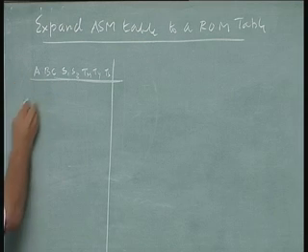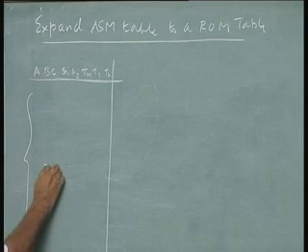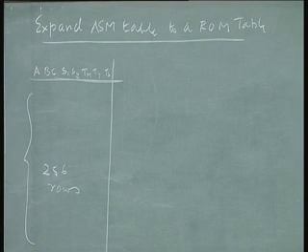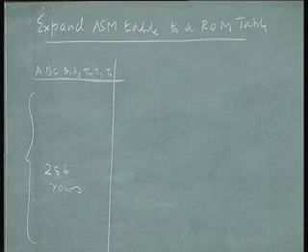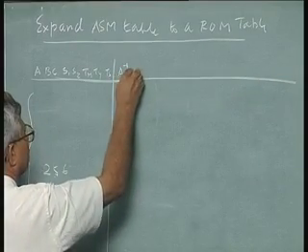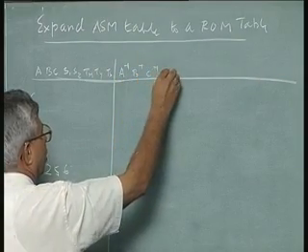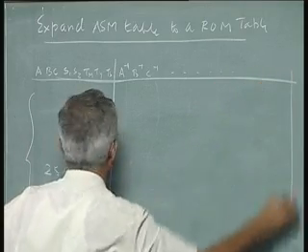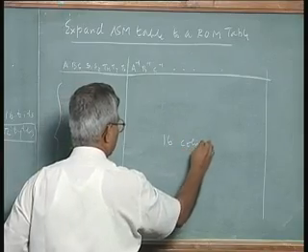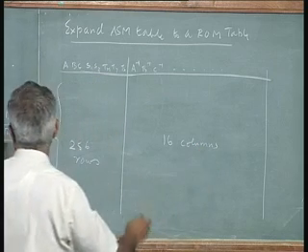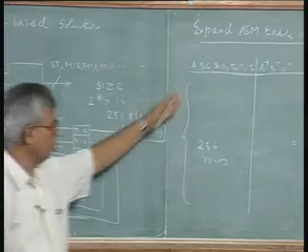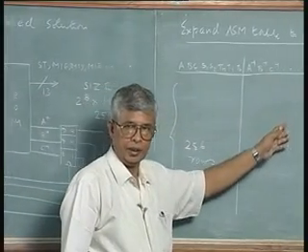That means 256 rows, and all these 16 columns. That is how we got this number 256 into 16. We got 256 into 16 because there are 256 rows and 16 columns.